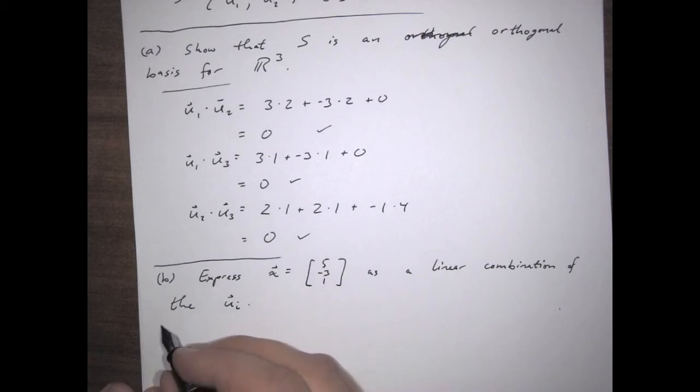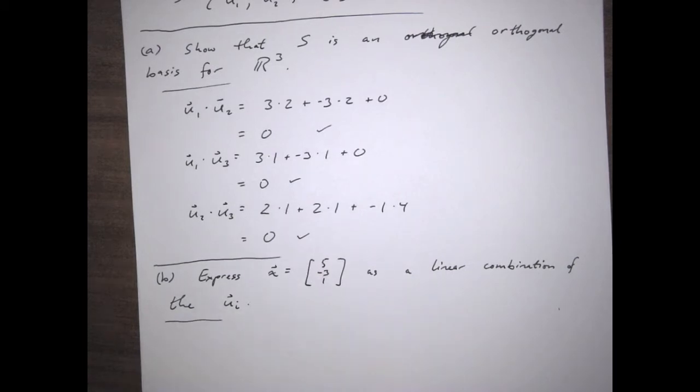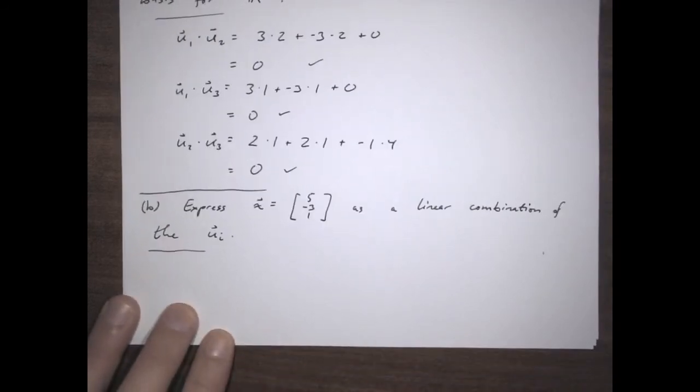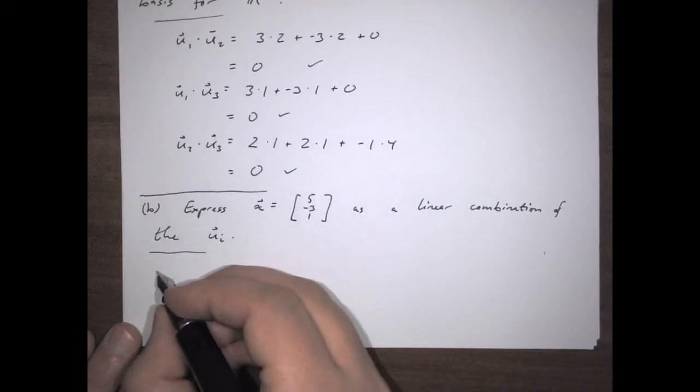Okay. Well, this is the kind of thing that we could have done already before we ever set foot in here. But now we can do this with this new expedited method.